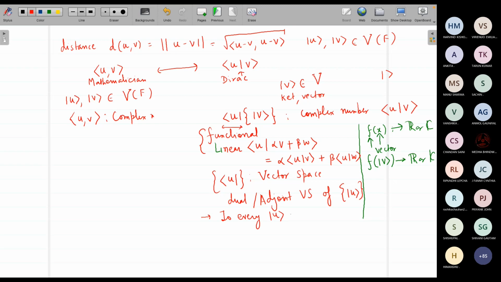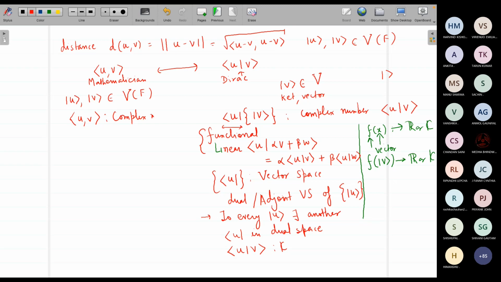To every ket or this vector, there exists another vector in another space, which we call the dual space, such that we have this a complex number. So basically, Dirac gave an identity to the left side also.